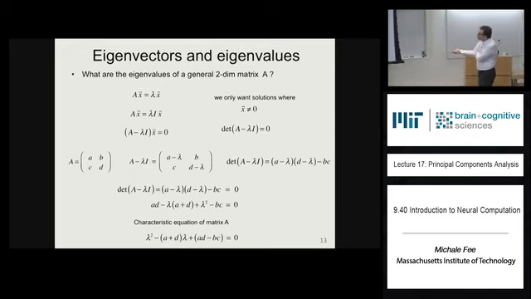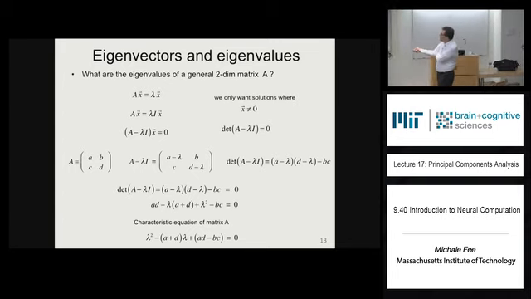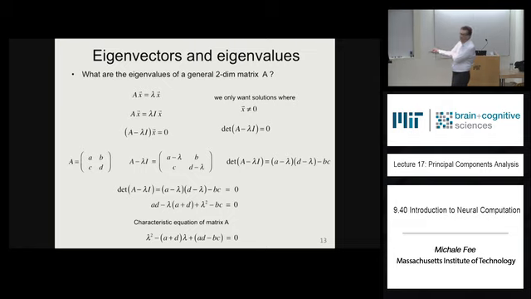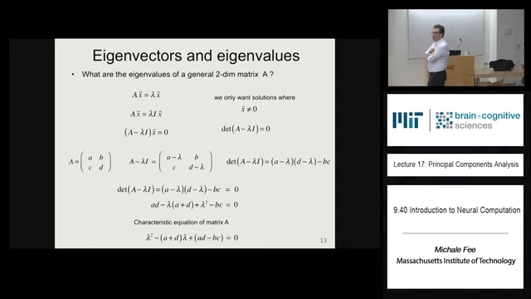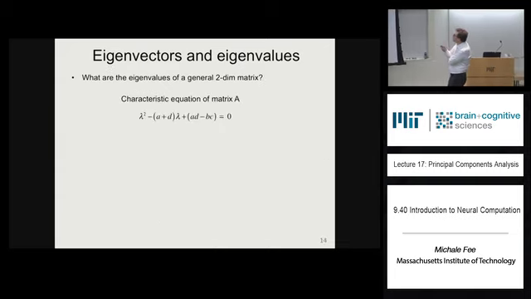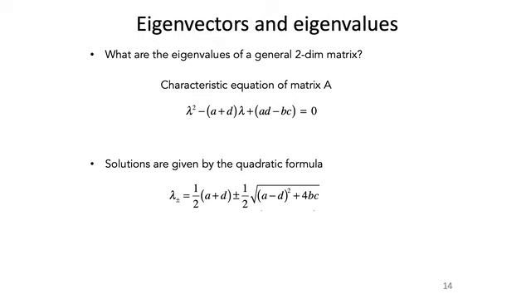So the solutions to that polynomial solve what's called the characteristic equation of this matrix A. And those are the eigenvalues of this arbitrary 2 by 2 matrix A. So there's the characteristic polynomial.